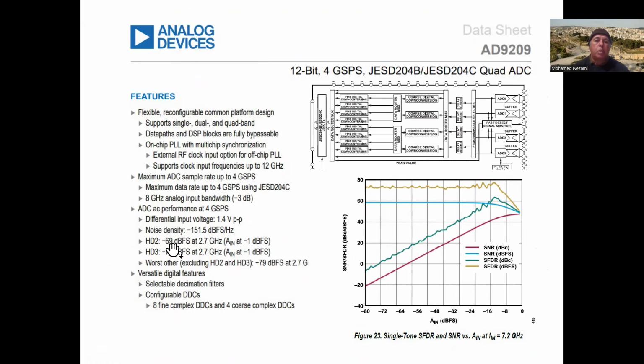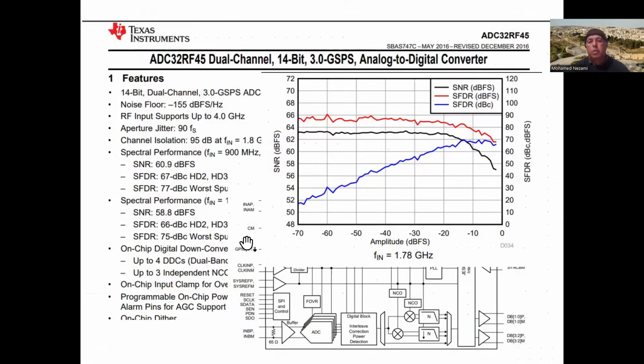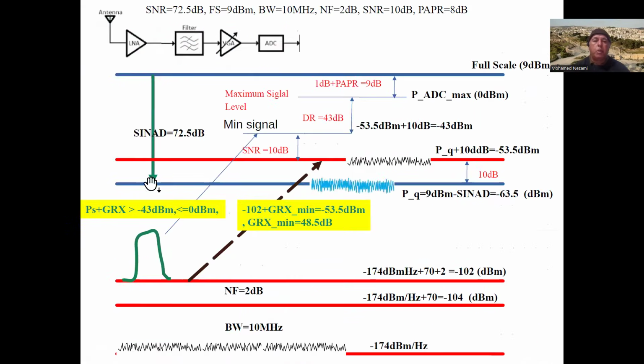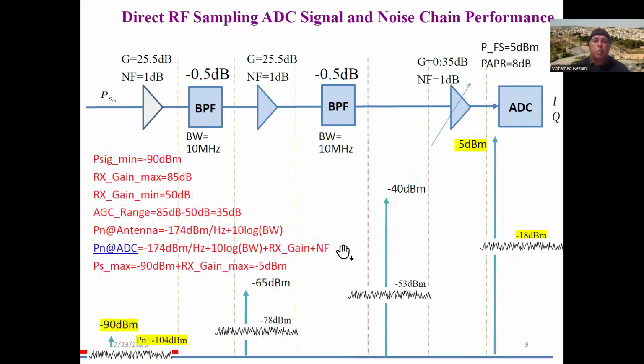We're going to look at these, and we're going to look at the interleaver spurs due to sampling clocks and the number of interleavers. We're going to include those and try to see how we can design the front end. We're going to do similar to this, except we're going to be utilizing the fact that the ADC is going to pick up these harmonics and spurs.